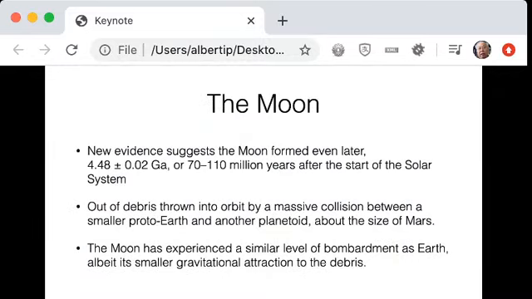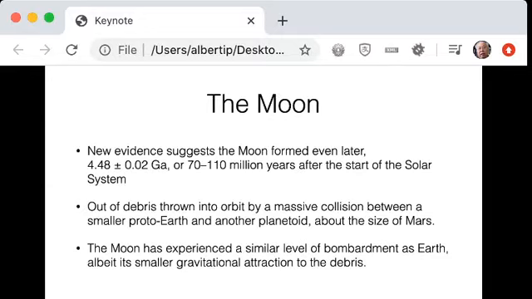Okay, after talking about our Earth, we need to talk about the moon, our moon. The evidence suggests that the moon formed a bit later, at about 4.48 billion years, or 70 to 100 million years after the formation of our solar system, that is, the formation of Earth. It is a very large rock, about the size of Mars, hitting Earth.